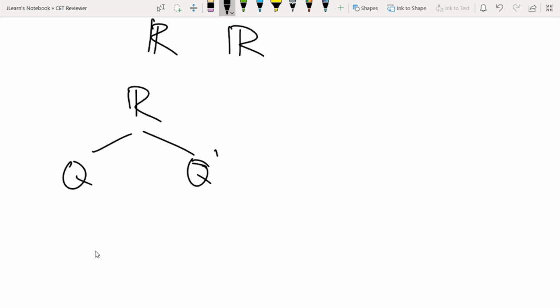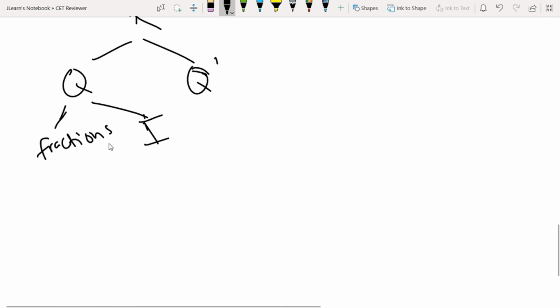Okay? And then yung Q, yung mga rational numbers natin, ay further divided by fractions. Okay? So, fractions. And then integers. No? So, we call integers I. Okay? And then yung I ay nahahati pa between negative integers, no?